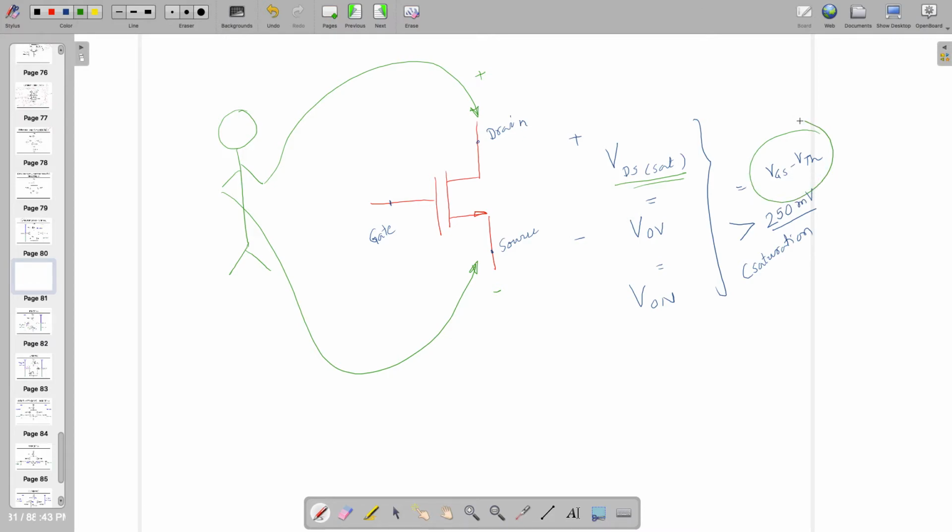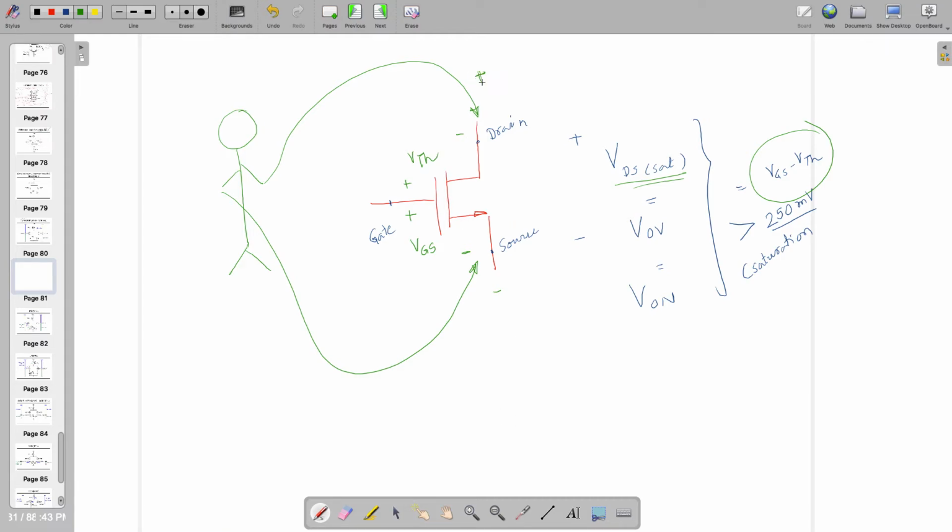If this potential from here to here is VGS, then this potential has to be minus VTH, because those many voltage sources are coming in series. So here to here it has to be VTH, just to follow the KVL. So in total, from the left side you can see it's VGS minus VTH.